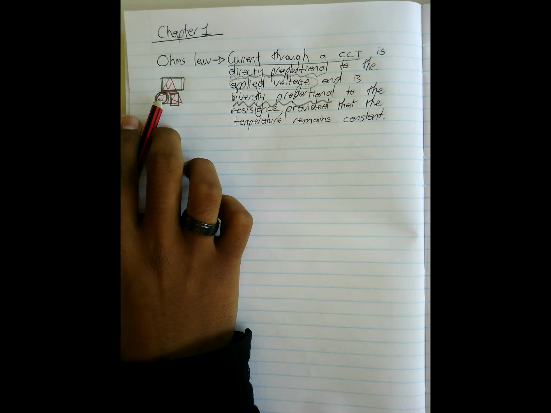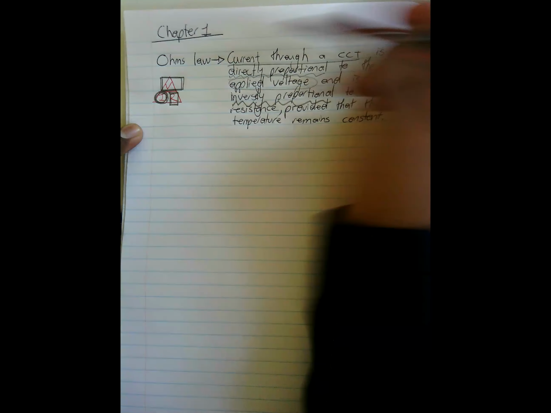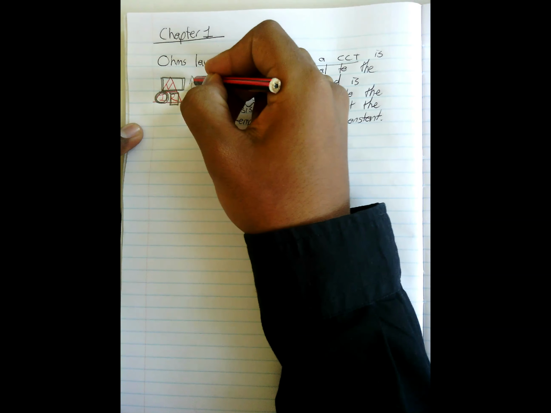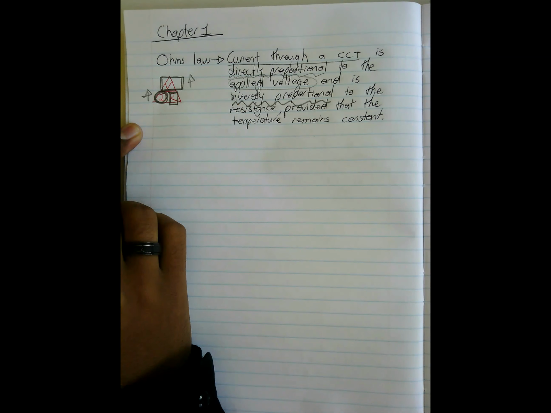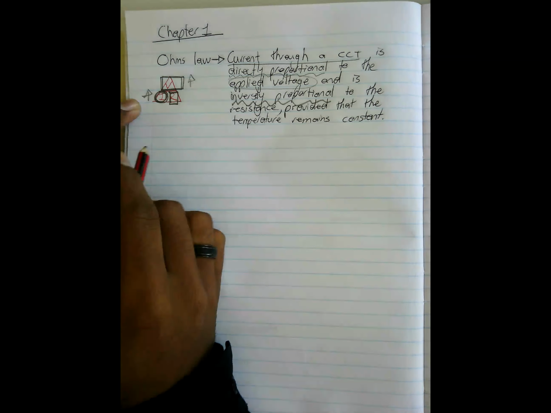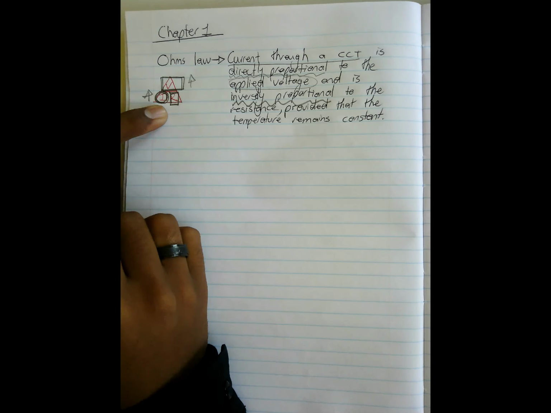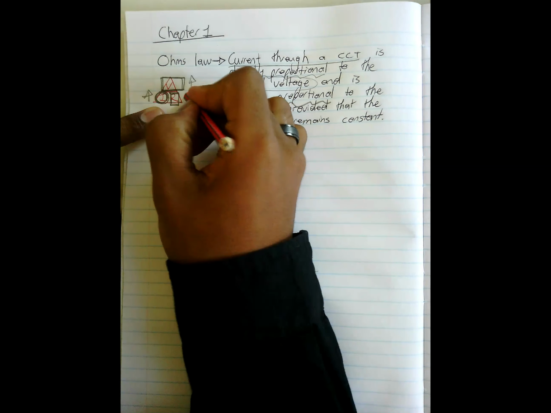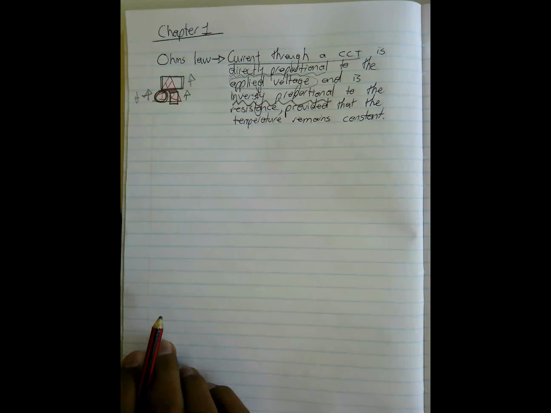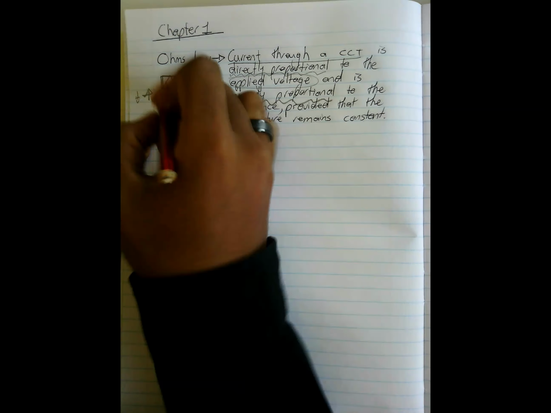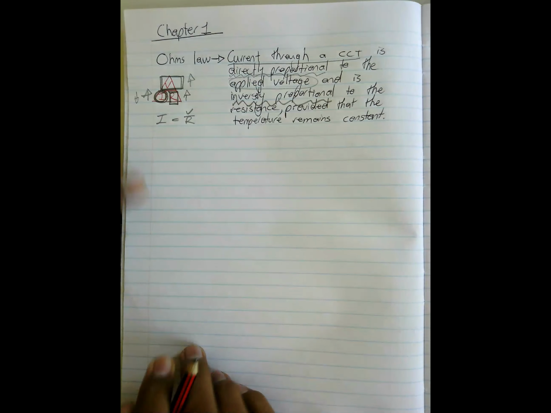So that means that as the voltage increases, so does the current. And as the resistance increases, the current decreases. Because our formula is written I equals V over R.